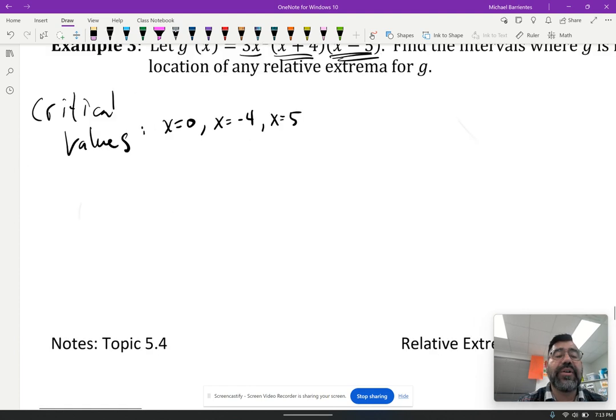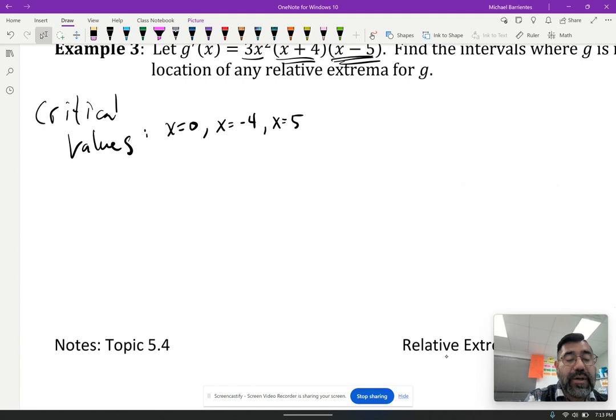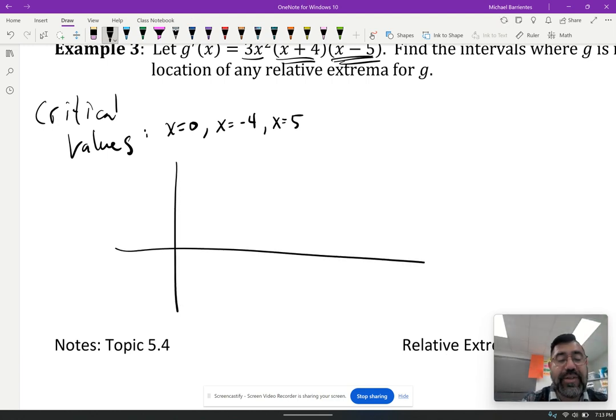Knowing that, we can start our sign chart for x values at -4, 0, and 5.